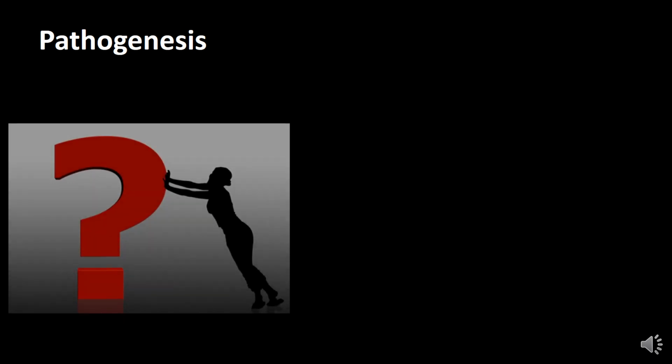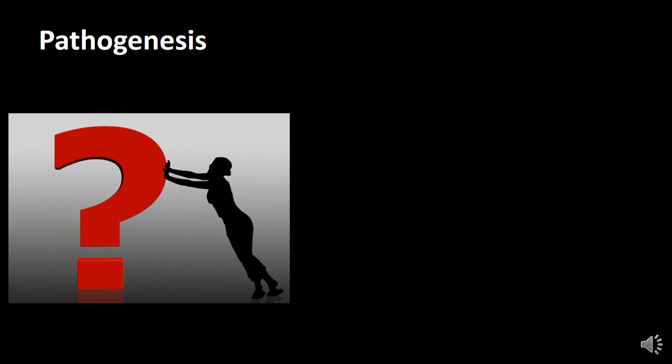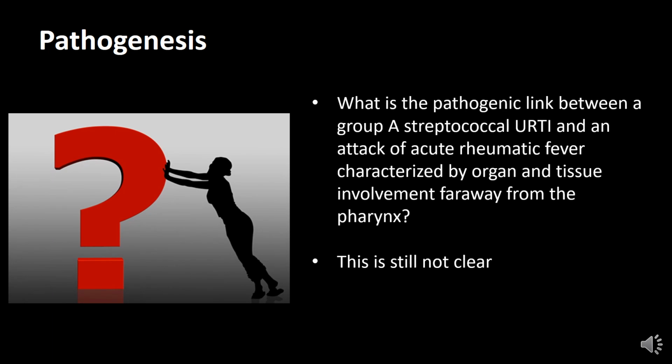So we'll take some time and look at the pathogenesis. And the big question again that we ask is this: what is the pathogenic link between a group A streptococcal URTI and an attack of acute rheumatic fever, which is mainly characterized by organ and tissue involvement far away from it? So far, in our previous slides, we've already seen there is a link between the two conditions.